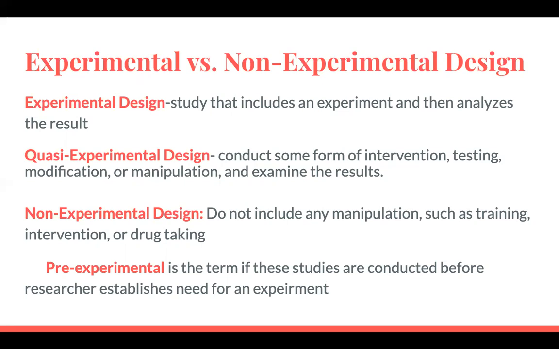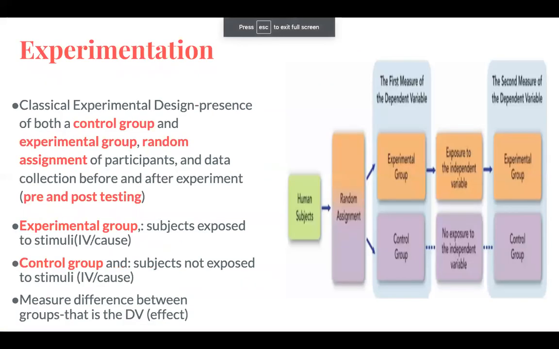Non-experimental designs can be referred to as pre-experimental if these studies are conducted before the researcher establishes the need for an experiment, but the expectation is that the researcher might, down the road, establish that need. So we're going to talk a little bit more about all 3 of these design types and provide examples of each, beginning with experimentation, one of our primary design types.